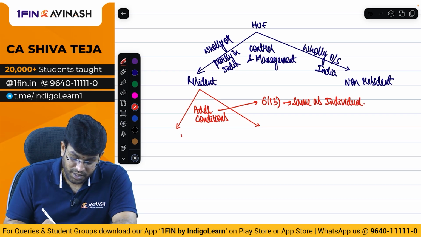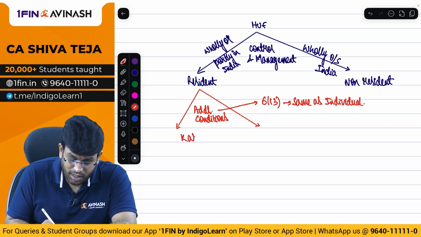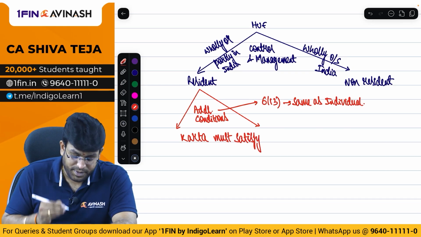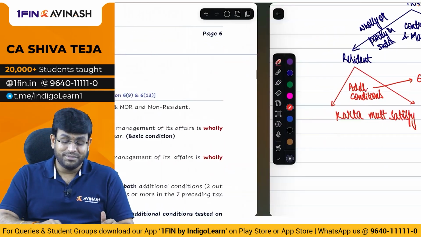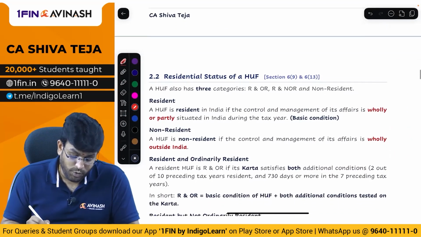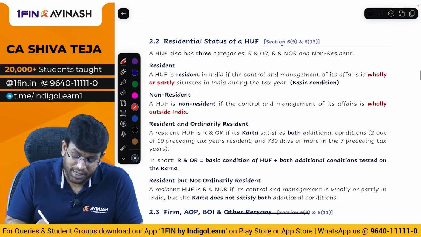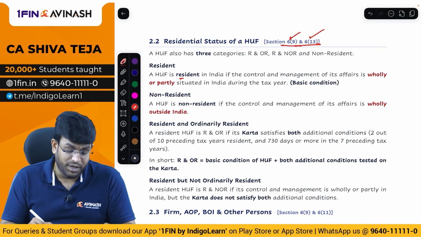And these additional conditions, who has to satisfy? Karta must satisfy the additional conditions. Rest all story is same. HUF, section 6(2) and 6(6). 6(2) is for basic, 6(6) is additional, which is the same one.